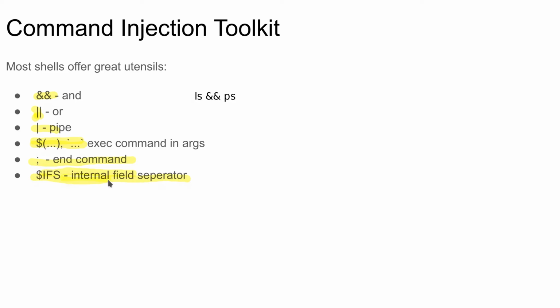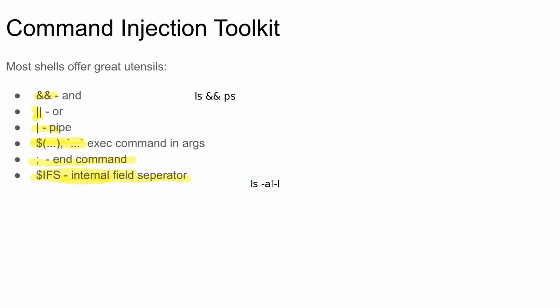That means if you write a command like this, the shell will look into its IFS variable that usually contains only space and tab, what characters can be used to separate fields, and then it will see, okay, here's a space that's in the IFS variable, so ls and minus a are different fields.